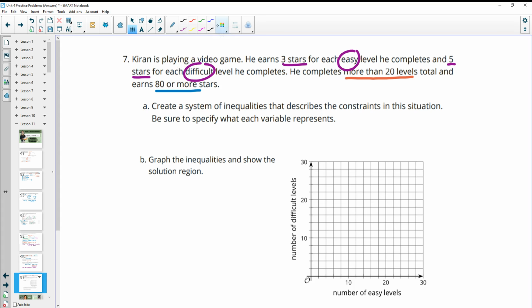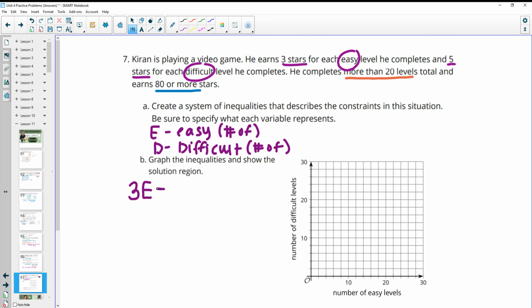So I'm going to do E for easy and D for difficult. So this will be the number of easy levels and the number of difficult levels that he completes. So the inequality for the first one, so if we're talking about the number of stars he completes or earns, he gets 3 stars per easy level that he completes.